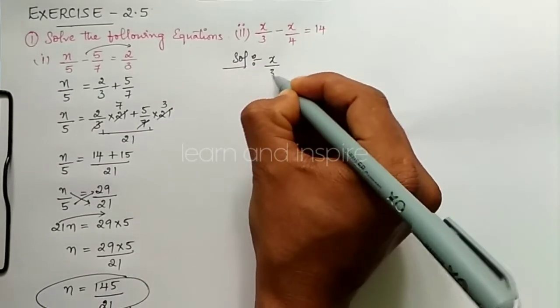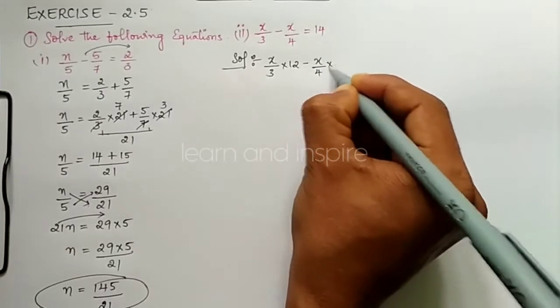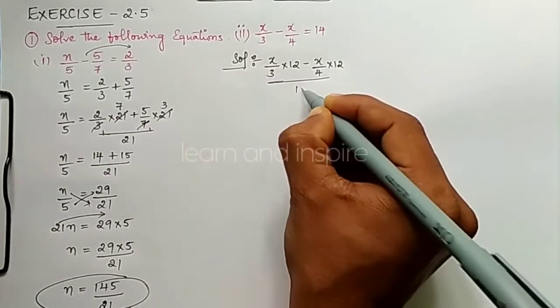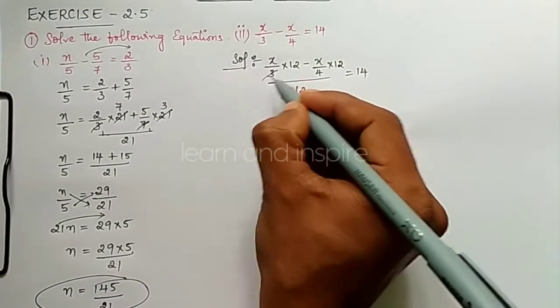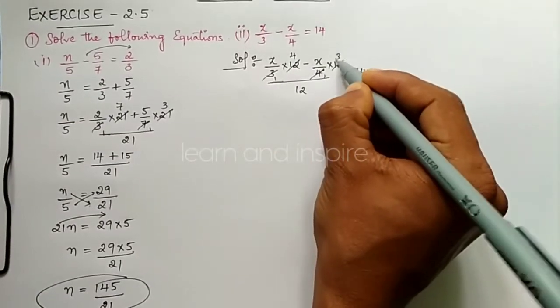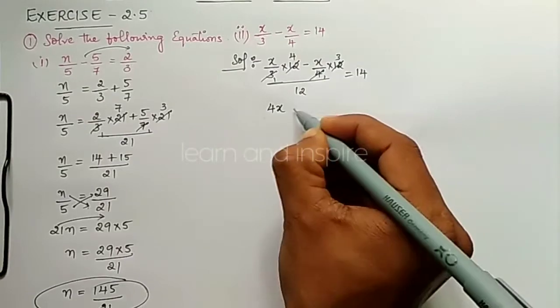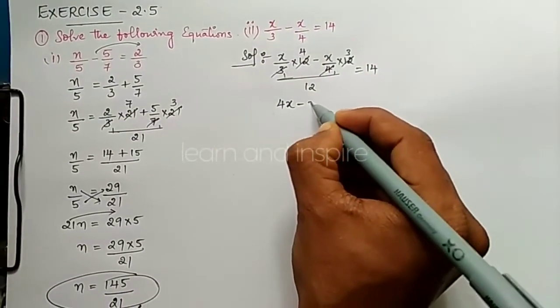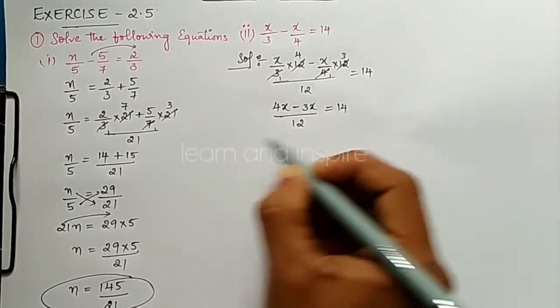Then x by 3 into 12 minus x by 4 into 12, divided by 12, is equal to 14 as it is. Now you can cancel. 3 1s are 3, 4s are 4; 1s are 4, 3s are 12. 4 into x is 4x minus 3 into x is 3x, divided by 12, which is equal to 14.